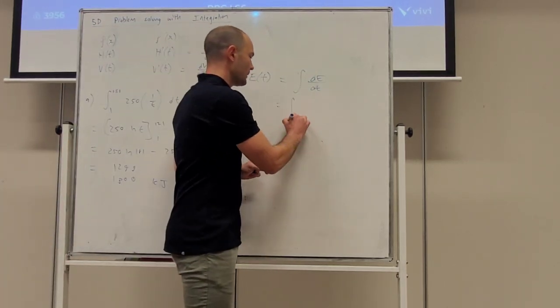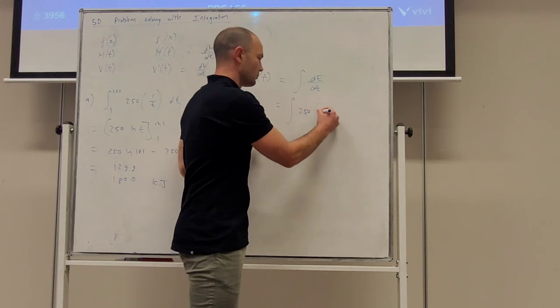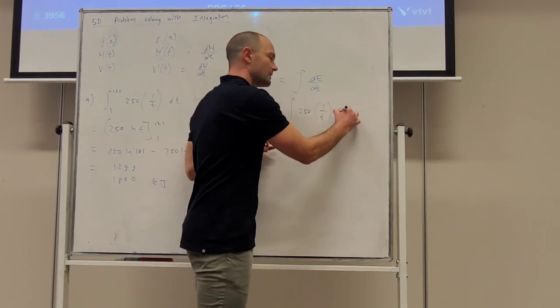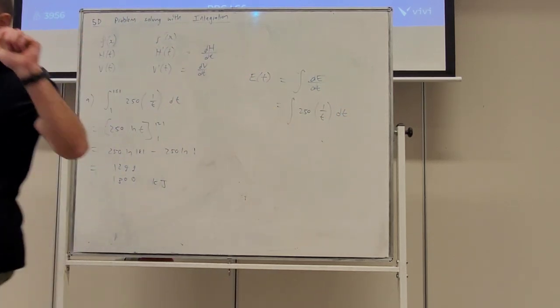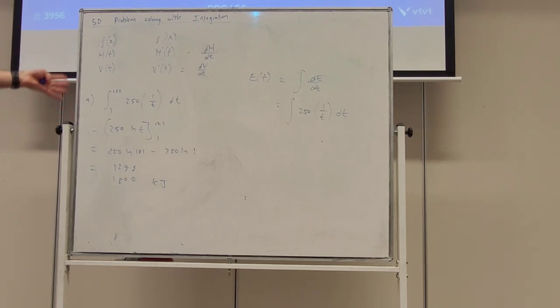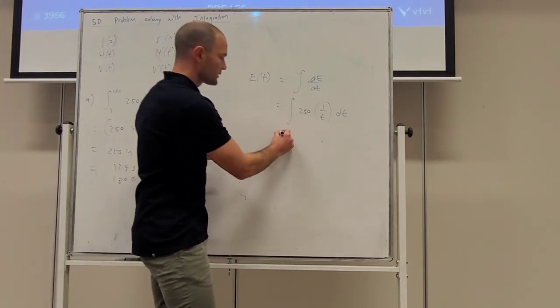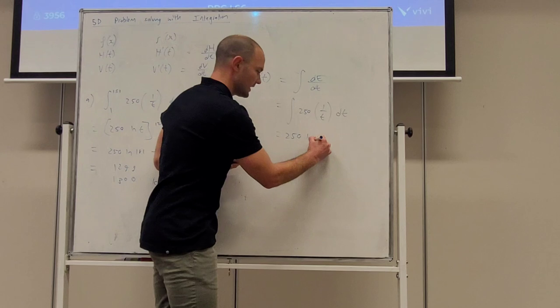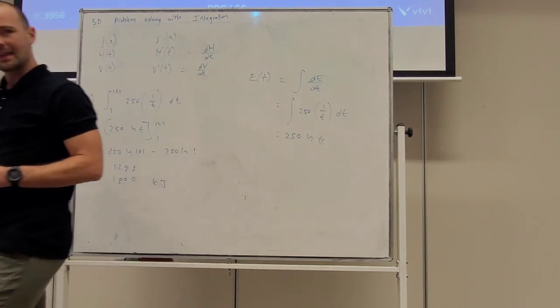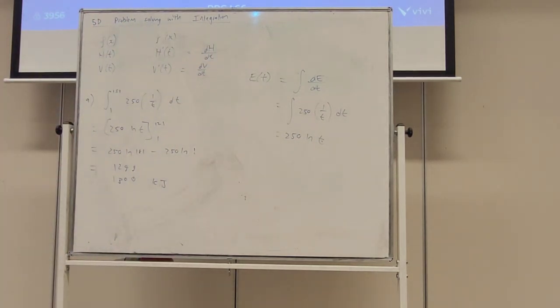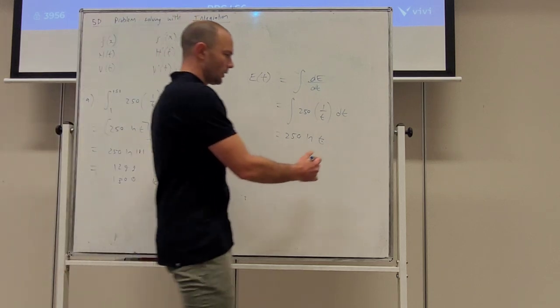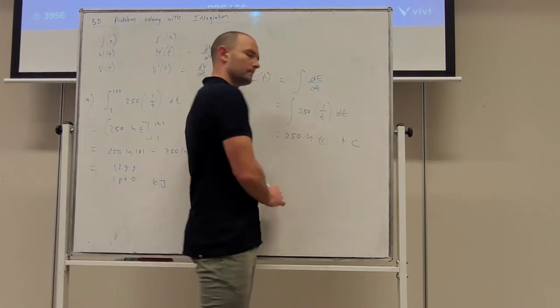So we've seen if we integrate this, we have 250 times 1 on t, but this time the difference is it's an indefinite integral. We don't have constraints. So we know it goes to 250 ln t, but because it's an indefinite integral, because it doesn't have those boundaries, we go plus c.